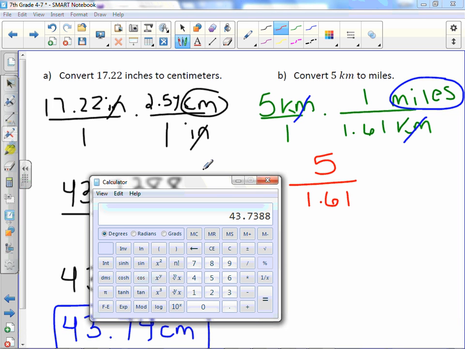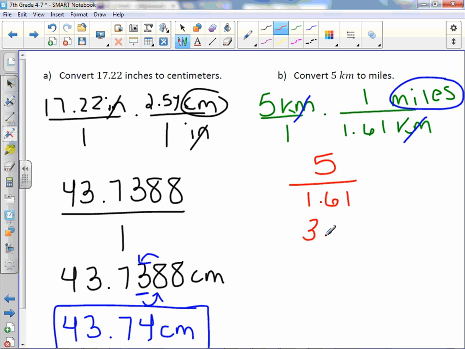So do that division. 5 divided by 1.61 gives us a nice long decimal. So let's write out a few digits. 3.10559. We need to round to the nearest hundredths place, which is right here. Find your place, look next door, 5 or greater, add 1 more, so 3.11, and our unit is miles.